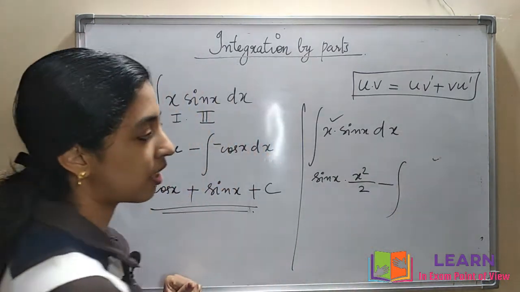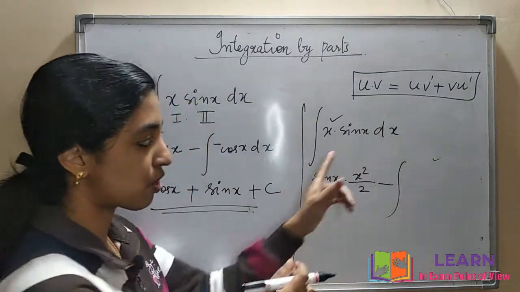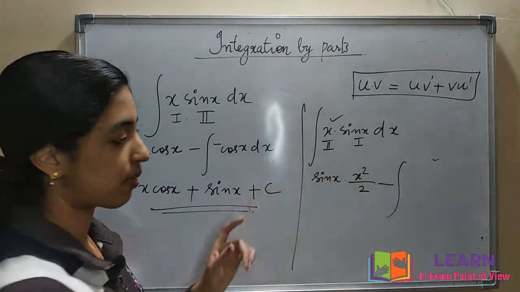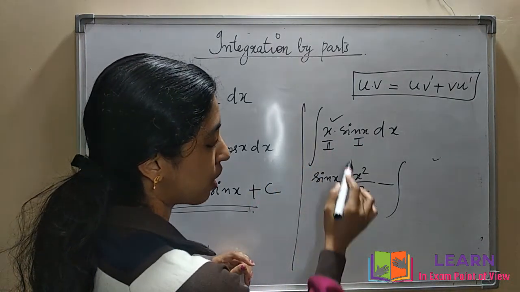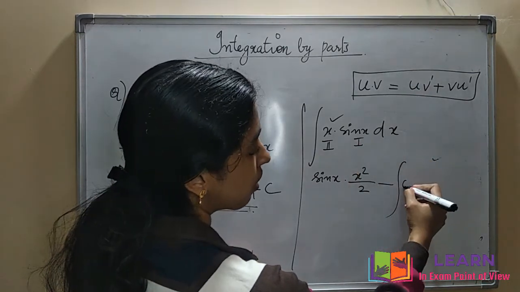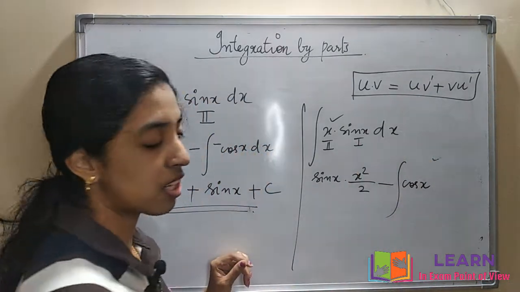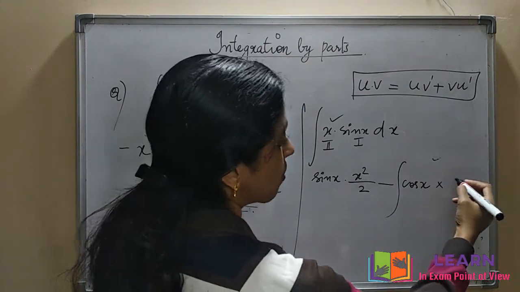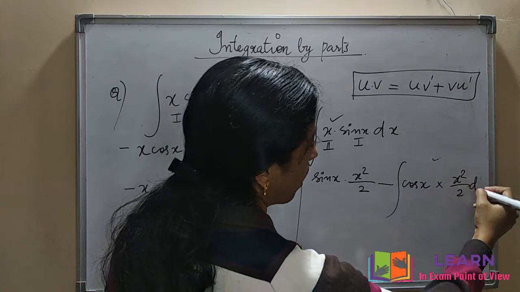Minus integral, derivative of first. The first function here is sin x, and the second function is x. First function into integral of second minus integral derivative of first: sin x derivative is cos x, then into integral of second again, x square by 2 dx.